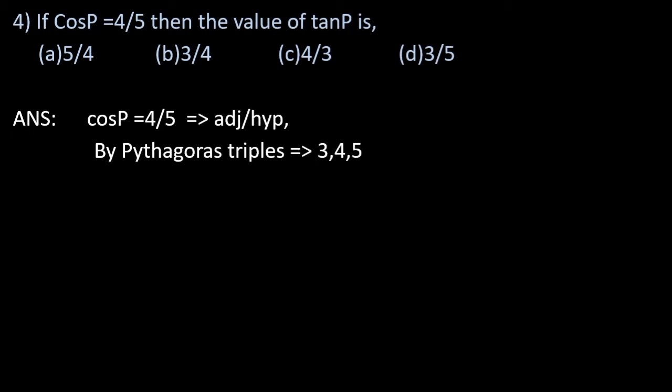Here we have 4 and 5 as adjacent and hypotenuse, so 3 is the opposite. Now we substitute in the tan formula: tan B is equal to opposite by adjacent. The leftover value, 3, divided by adjacent, 4. Therefore option B, 3 by 4 is the correct answer.